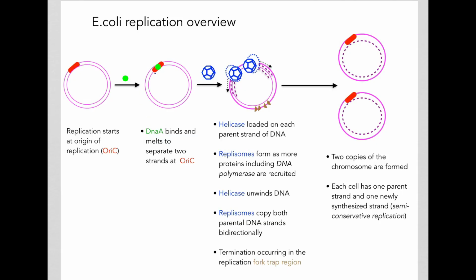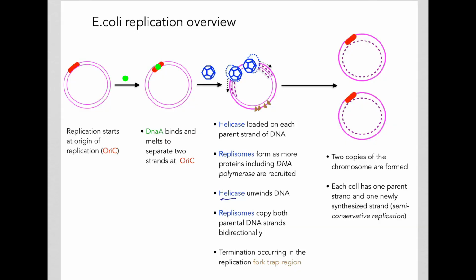Once the two strands at ORIC are separated, then more proteins will come and bind the origin of replication, and these are proteins such as helicase, as well as several other proteins, including the very important enzyme DNA polymerase that copies the two DNA strands. And all of these proteins form what we call a replisome.